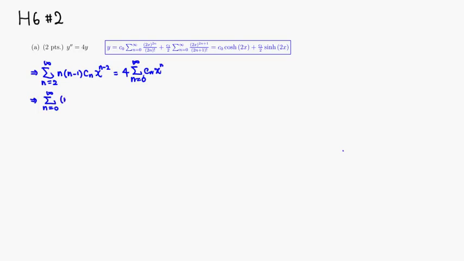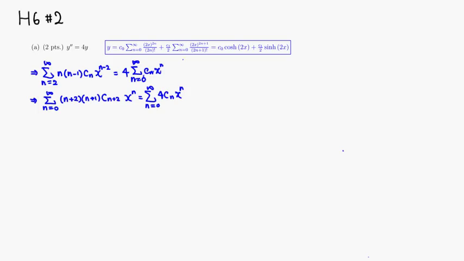So n becomes n plus 2, and n minus 1 becomes n plus 1, and you have c sub n plus 2, then x to the n. And this is equal to, I'm going to put the 4 inside, so you have a summation, n goes from 0 to infinity, of 4 times c sub n, x to the n.